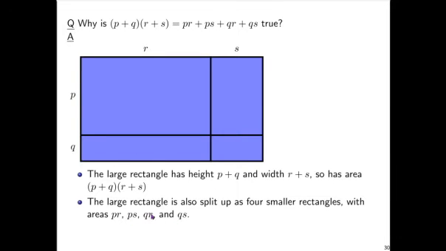And we add this large region, thought of as one big region, P plus Q times R plus S. But when we split this region into 4 smaller pieces, the 4 smaller pieces are each individually PR, PS, QR, QS, and we have to add those together. It's the same region, accounted for two different ways. We're just doing the bookkeeping in two different ways.